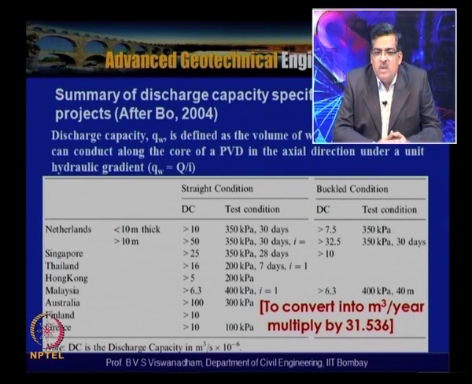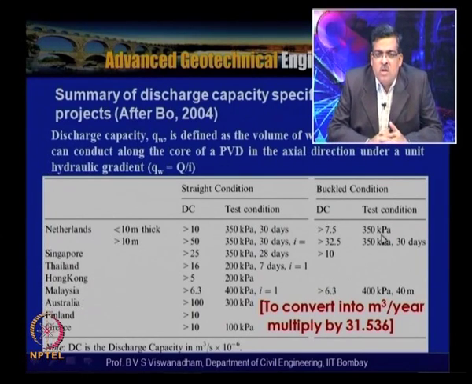Which is when it is greater than 10 meters, the straight condition should have 50 meter cube per second into 10 to the power minus 6. If you multiply this by 31.536, we get meter cube per year. You can see that even under the buckled condition for this case here, which is 7 into 30, is about 200 meter cube per year at 350 kilopascals of pressure.